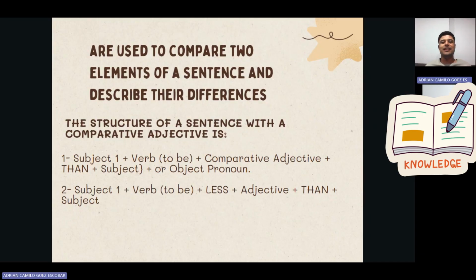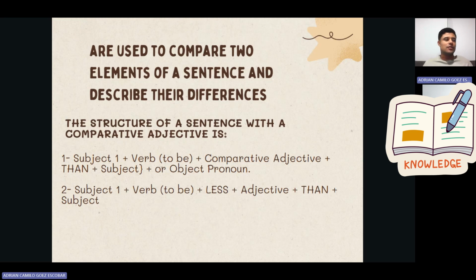Here I will detail the main structure for superiority comparisons, then the structure for inferiority comparisons, and the elements that compose them. One, superiority structure: more than.